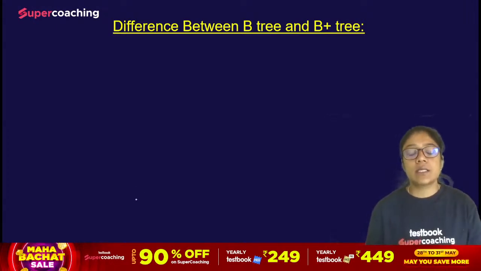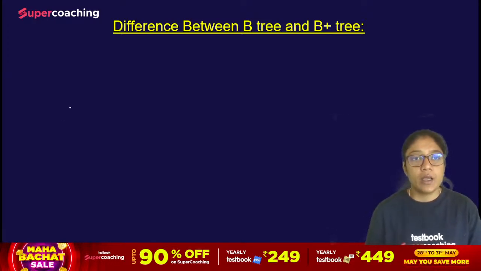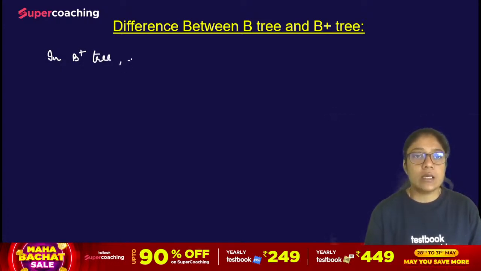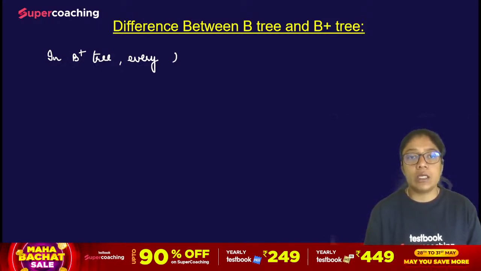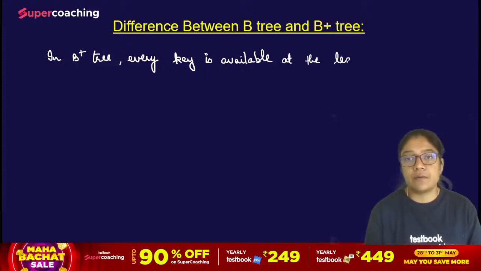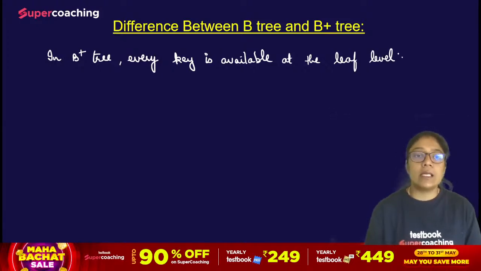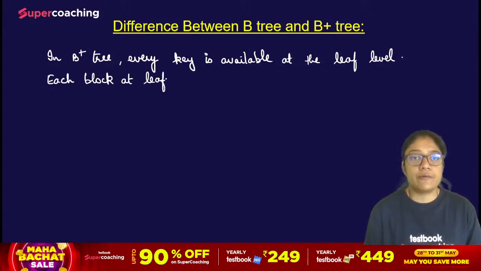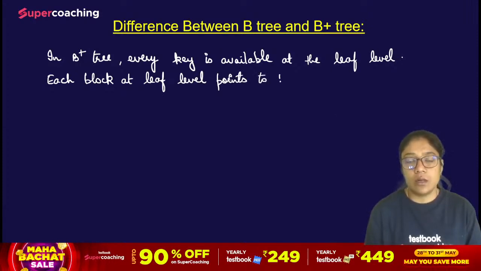So what points we have discussed in B tree and B plus tree? We have said that in B plus tree, every key is available at the leaf level, and each block at leaf level points to the next block.